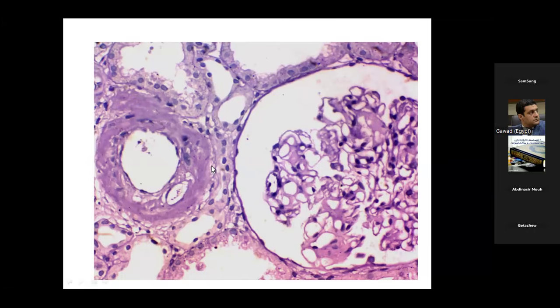And what about this arteriole? I think that the fibrillary or fluffy texture of this expansion of the arteriolar membrane is more appreciated in this slide. And it's just like this expansion. Can you appreciate it? Yes, it is clear.